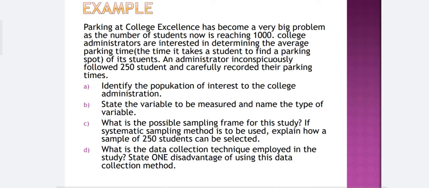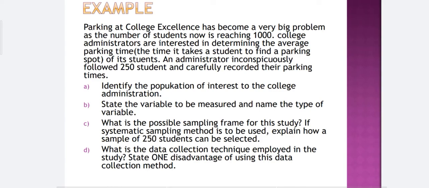Okay, so the administrator will record their parking times. Okay? So you have to list down. Because here they give 1000 as the population and the sample is 250. So you need to list down all the numbers that will be selected.